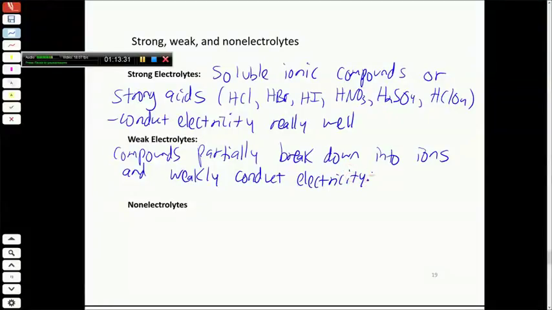So these are what we call weak electrolytes. They give some ions when they dissolve in solution, but they don't completely break down.